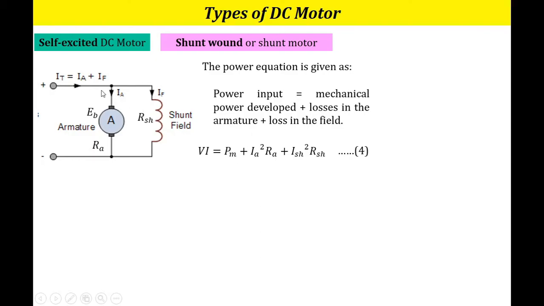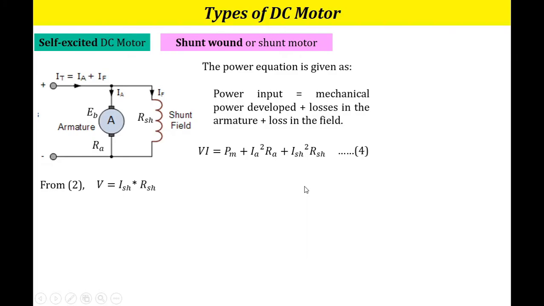Losses in the armature: armature has a current IA and its resistance, armature resistance RA. We know that loss is I square R. So it will be IA square into RA plus losses in the field. Here again RSH is the resistance of the field winding. IF or ISH is the current which will flow through the shunt field. Therefore it is ISH square into RSH. Treat this as equation number 2.